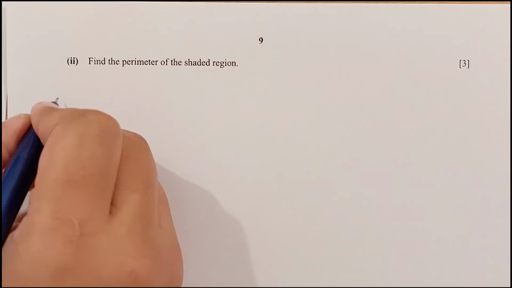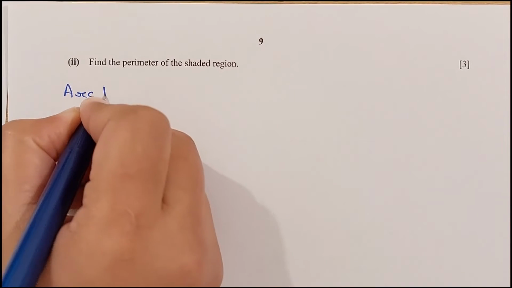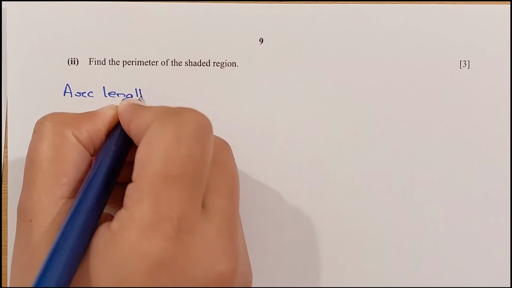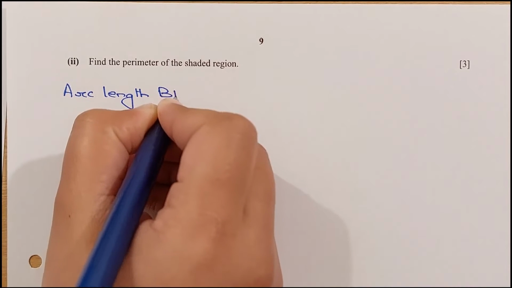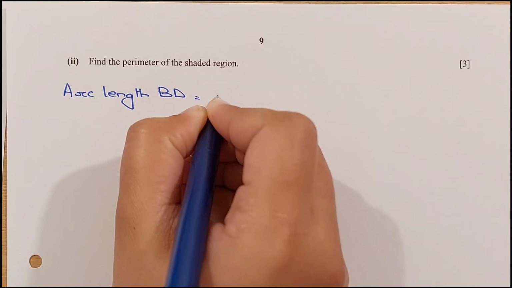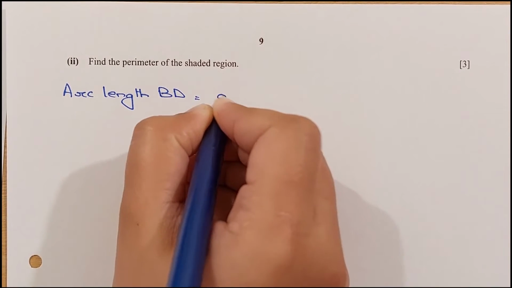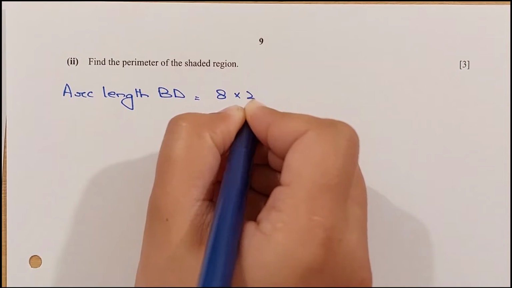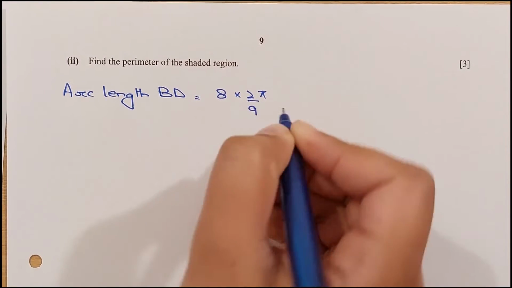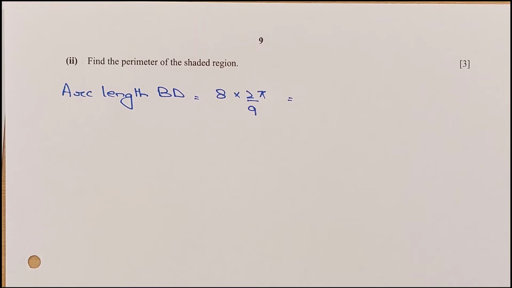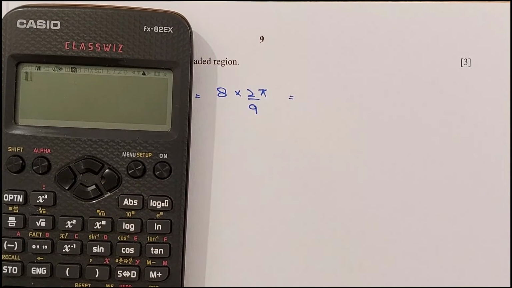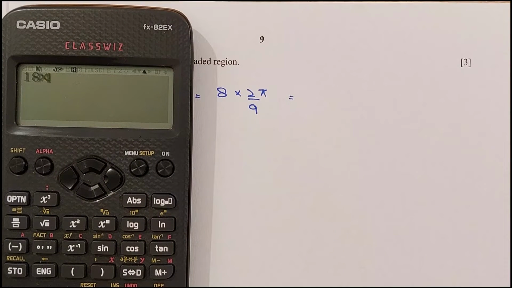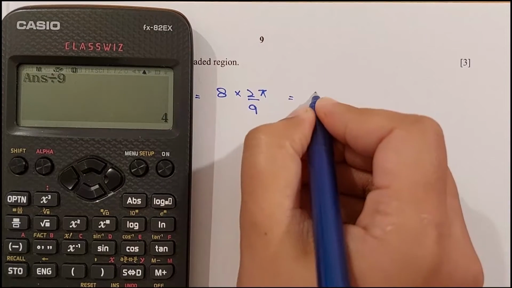Arc length BD is radius times theta, radius is 8 and theta is 2 pi by 9, right? So this is equal to 8 times 2 divided by 9, pi.